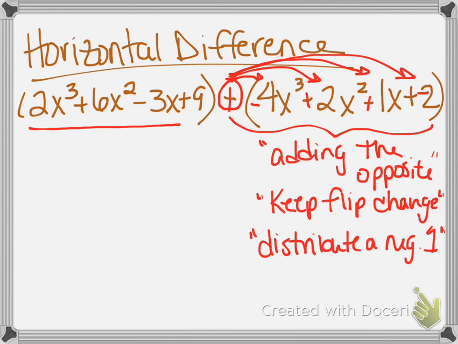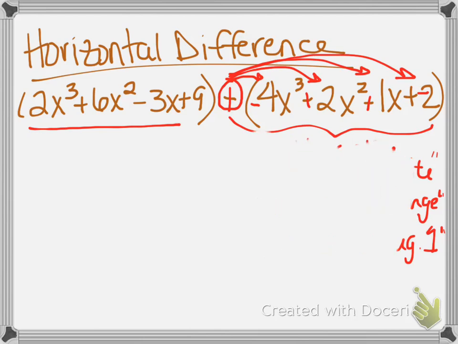Or if you distribute a -1, multiplying by a negative makes every term in the other set of parentheses change to the opposite. So once you've done one of those, whichever one makes the most sense to you, or you'll remember, then we can rewrite this without the parentheses.